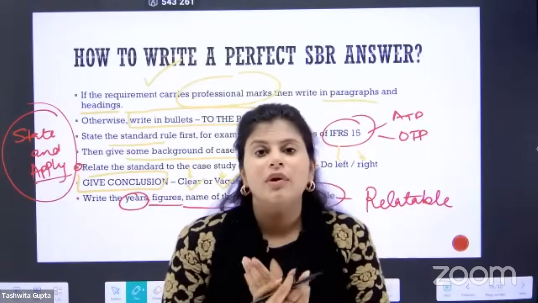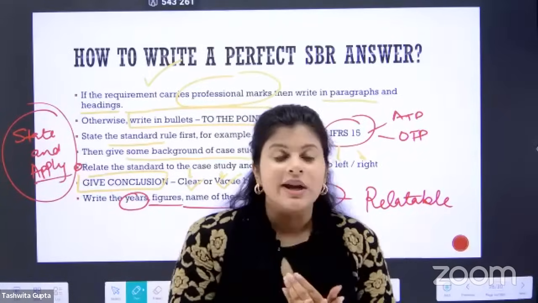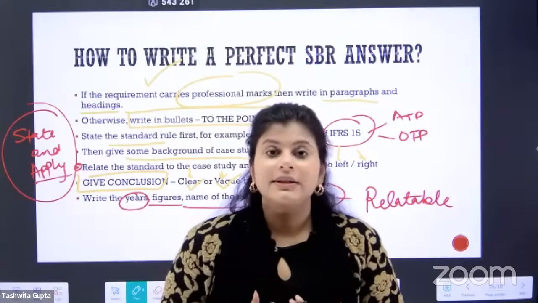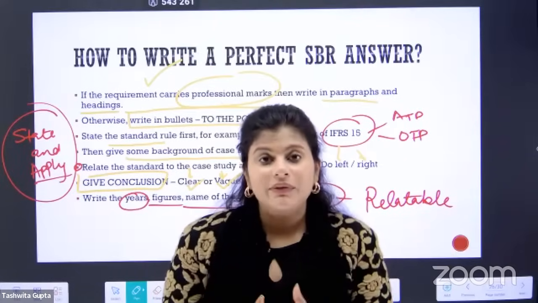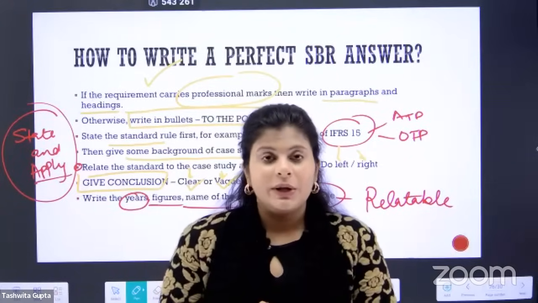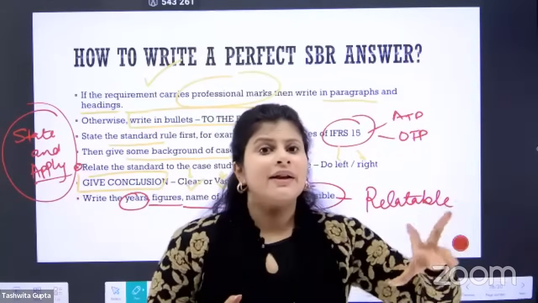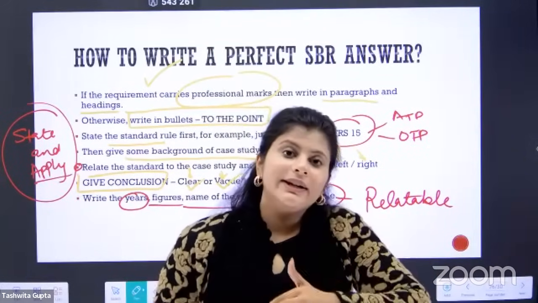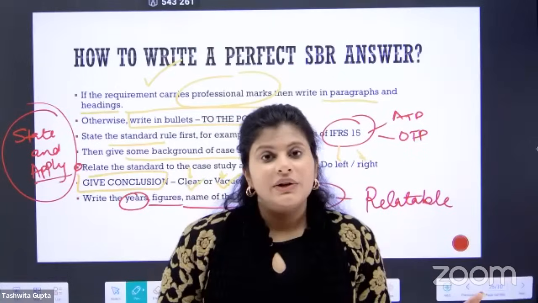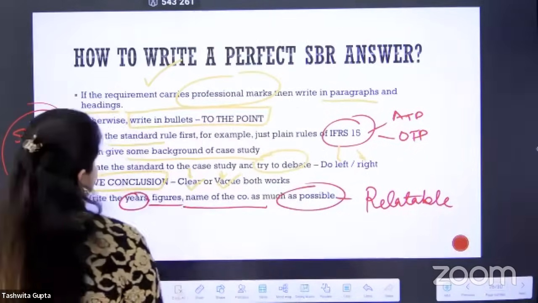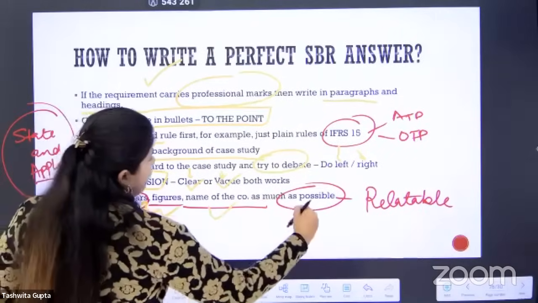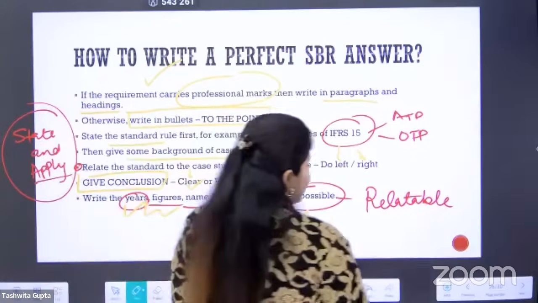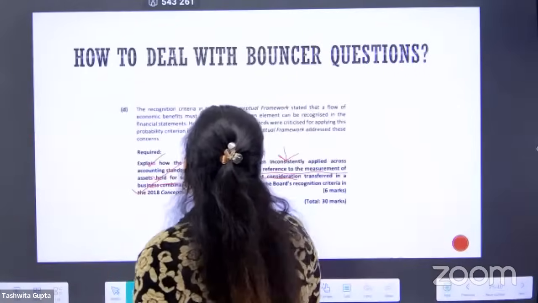If you are mentioning the name of the company, the years, the numbers, that makes it more professional, more understandable for the examiner, and relatable. It doesn't feel like you're a baby just writing whatever you know about IFRS. You have to write it in relevance to the case study. That is the reason I say mention years, figures, and name of the company as much as possible. This is how you have to write your perfect SBR answer.